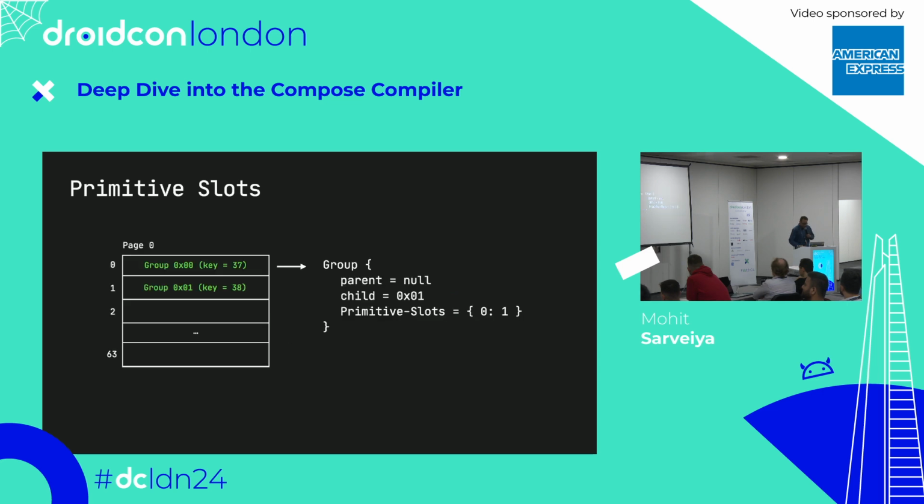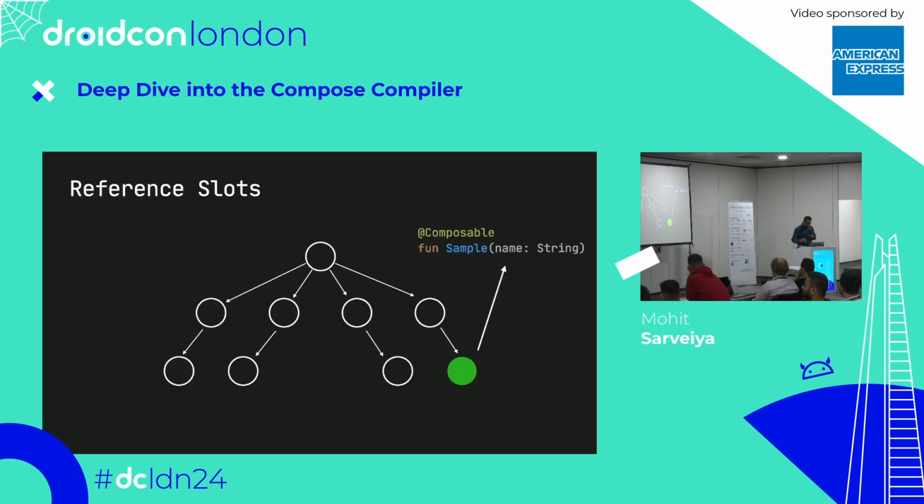In the end, when you look at the metadata for this, all the primitive values are stored in these slots right here. And all of them have an offset. These primitive slots are all shared by these groups. I might be repeating information because repeating is good for recollection, I guess.